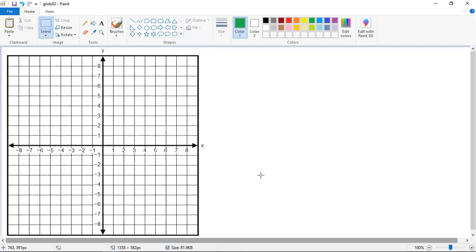This time, let's graph inverses of functions. We are given y is equal to 2x minus 6. So let's get the inverse function of this. The first step is to switch the x and the y, then solve for y. So we have the switch here, minus 6 will go to the other side, becomes plus.